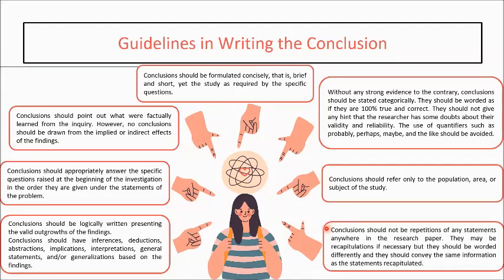Next is conclusion should not be repetitions of any statements anywhere in the research. They may be recapitulations or a review if necessary, but they should be worded differently and they should convey the same information as the statement recapitulated or reviewed. Now, here in conclusion, bawal lang maulit. So, sa conclusion kasi class, di ba kapag sinabi natin conclusion, this is the summary of overall arguments and findings.